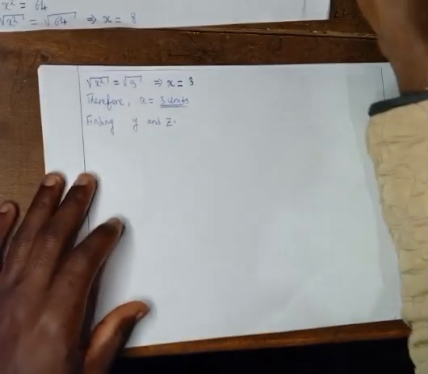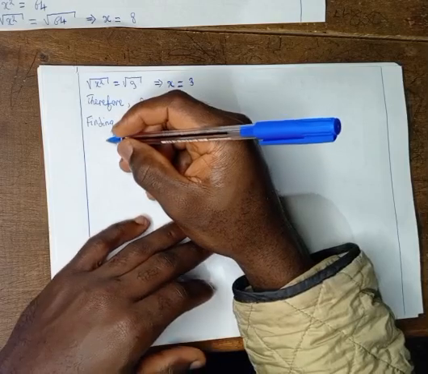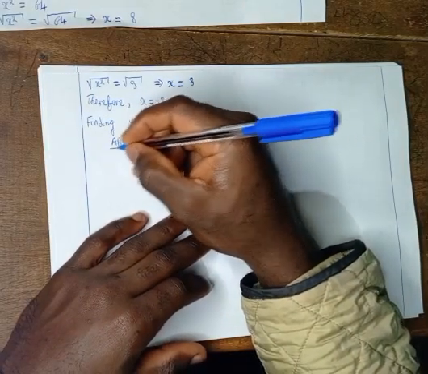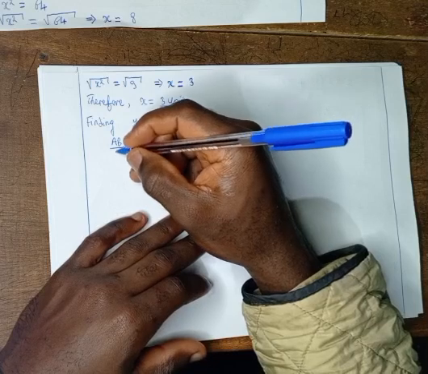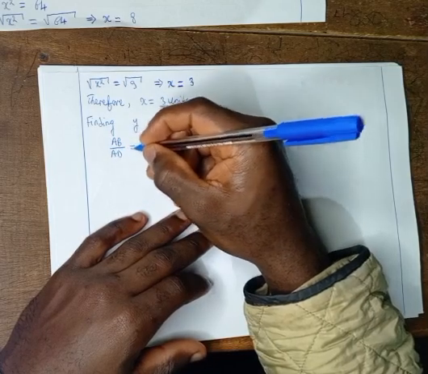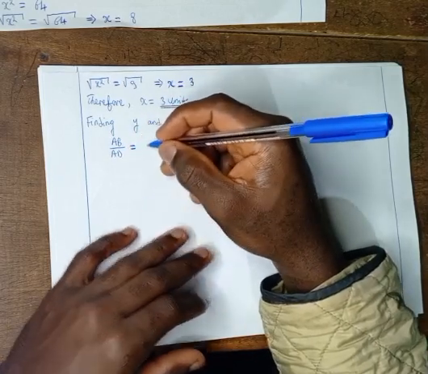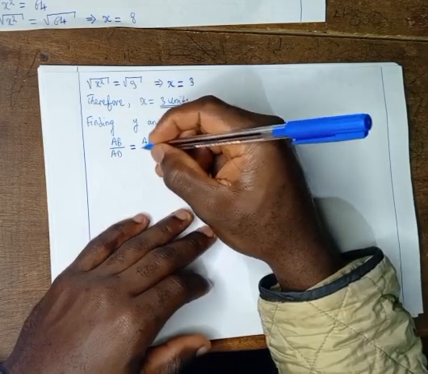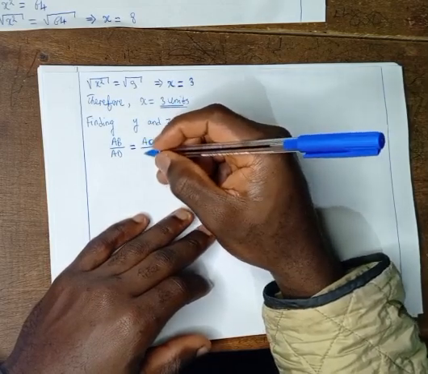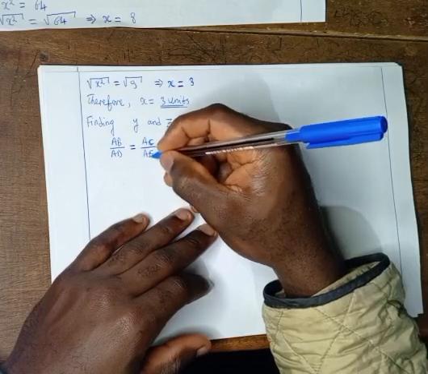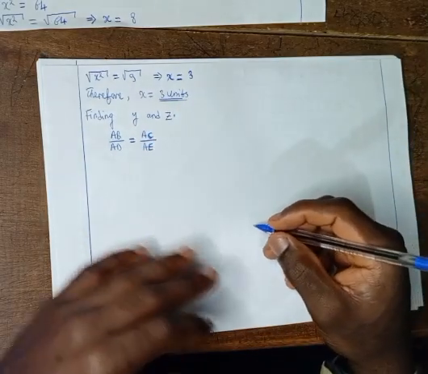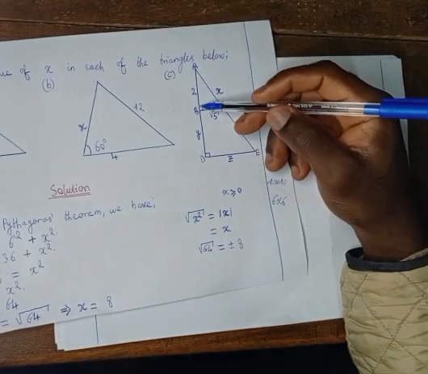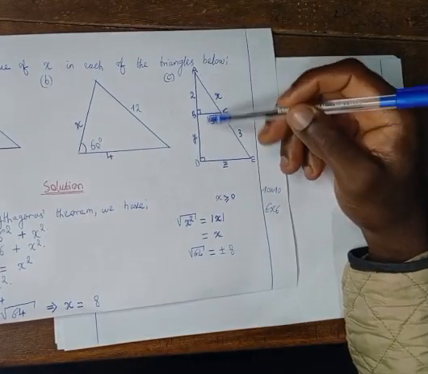So if we make use of that, we have the ratio of the side AB to the side AD must be equal to the ratio of the side AC to AE. Now we know AB is of length 2 units.